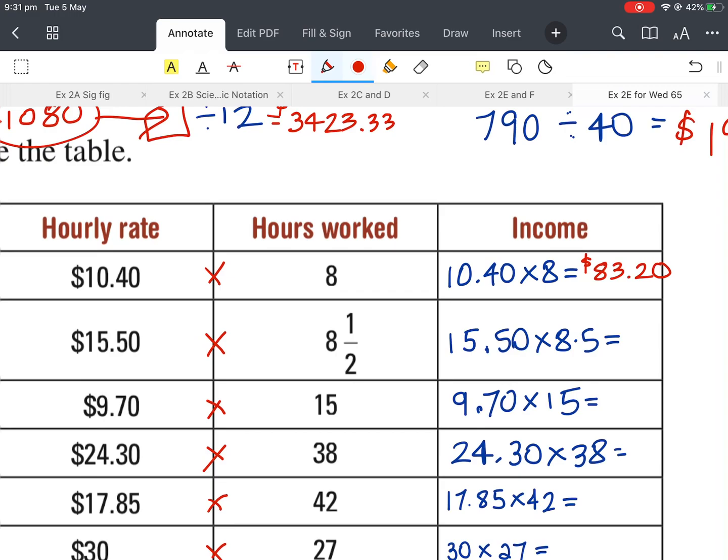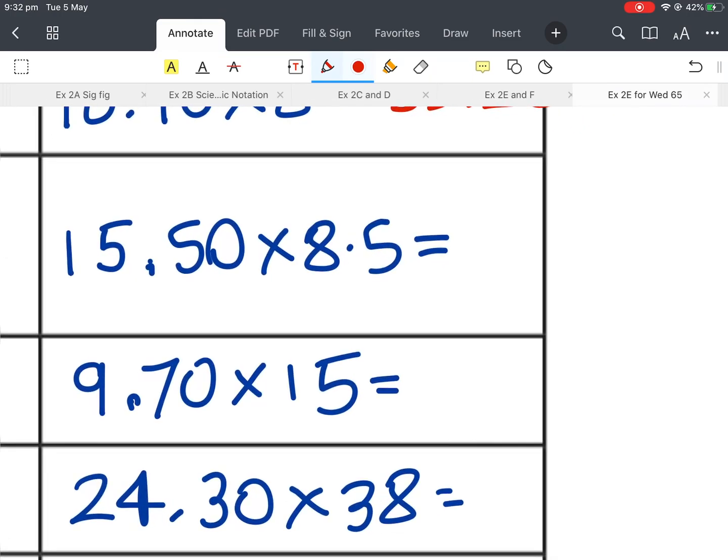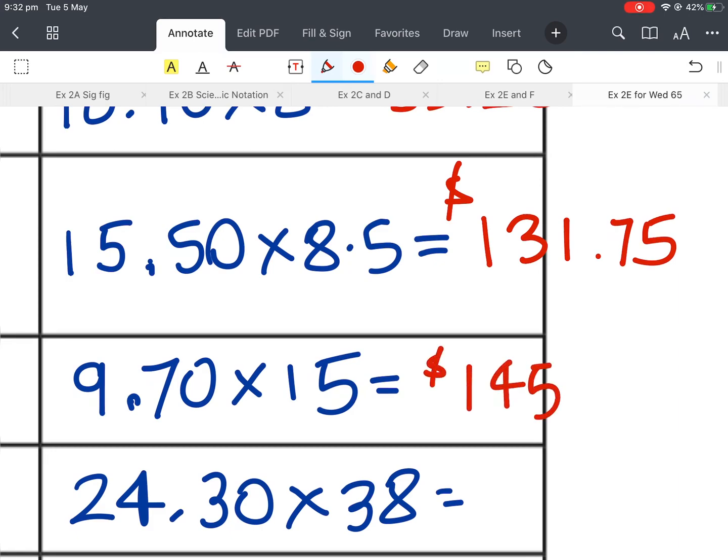If you want to do it with me or want to check your answers now, here's how I went. So I went 15.50 times 8.5 on my calculator, and I got 131.75. Hopefully you did the same. Next one, I did $9.70 on my calculator times 15, and that gave me 145.5.